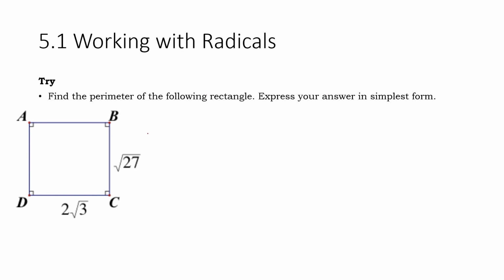Last one to get. Find the perimeter of the following rectangle, answer it in simplest form. So let's define our 2 sides, our lengths and our widths. We'll call that length and we'll call this width, just to switch it up. And our equation is perimeter is equal to 2 length plus 2 width.